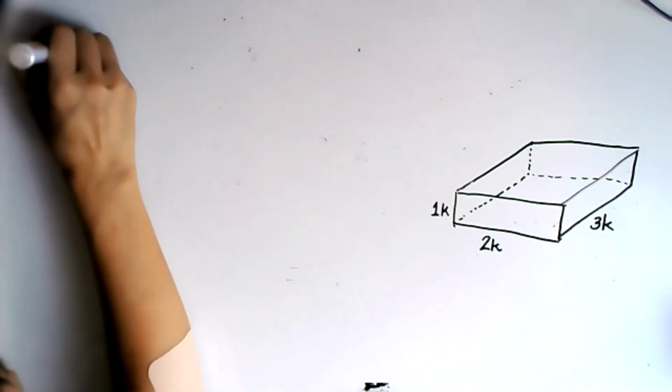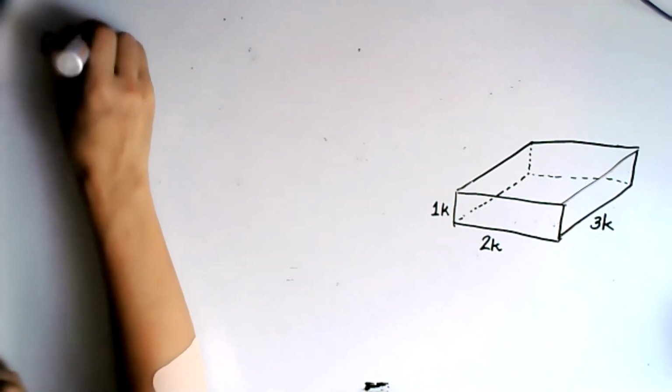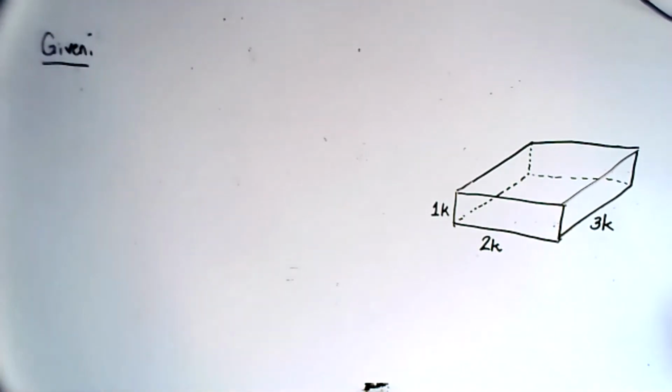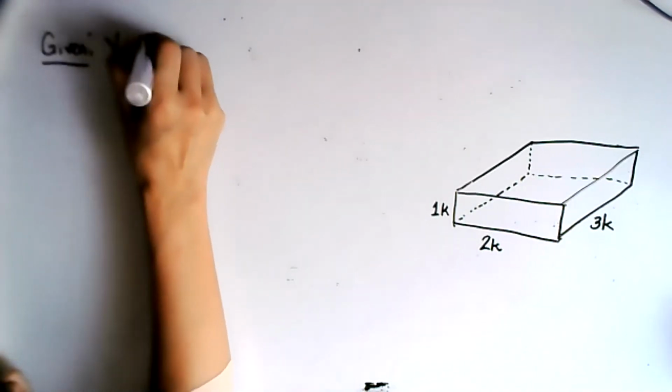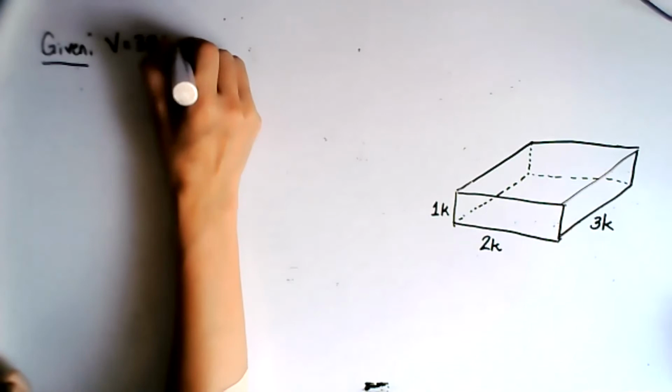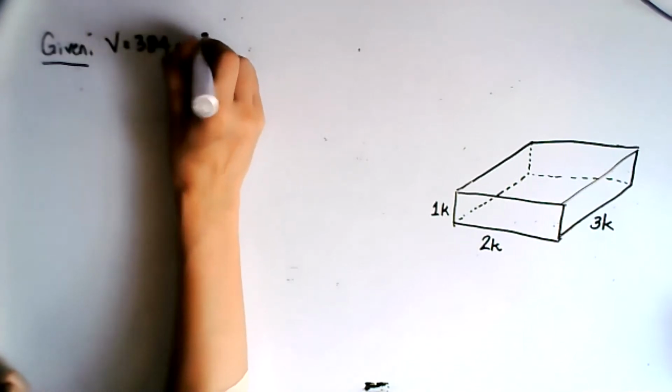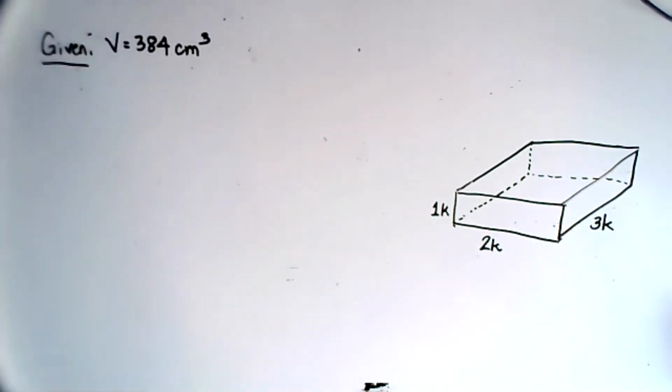We are given the volume of the parallelogram, which is equals to 384 cubic centimeter. Okay, you have 384 cubic centimeter.